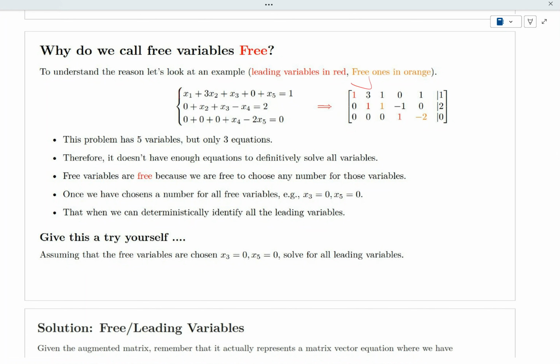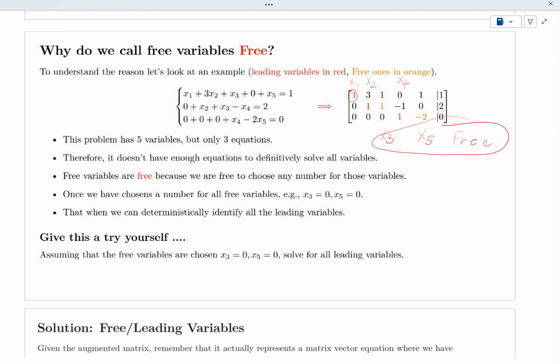So it was 1, 3, 1, 0, 1. We basically converted it into an augmented matrix. And based on our understanding, we know that x1, x2, and x4 are leading, and x3 and x5 are free.